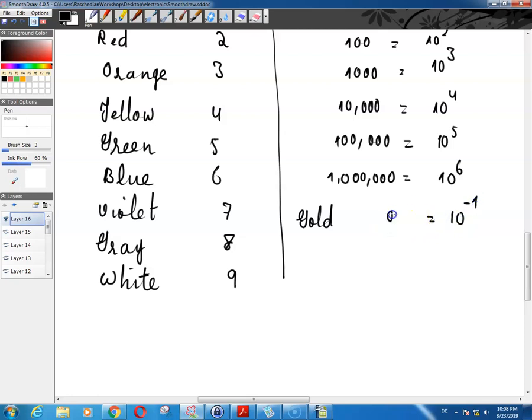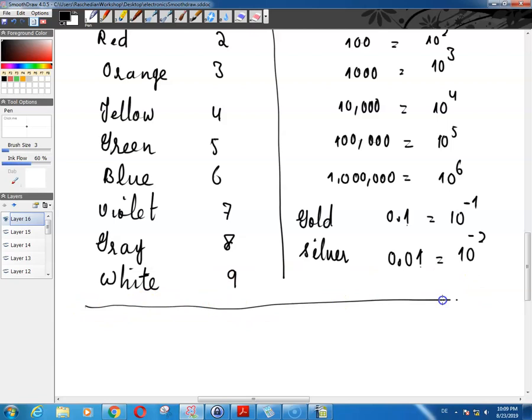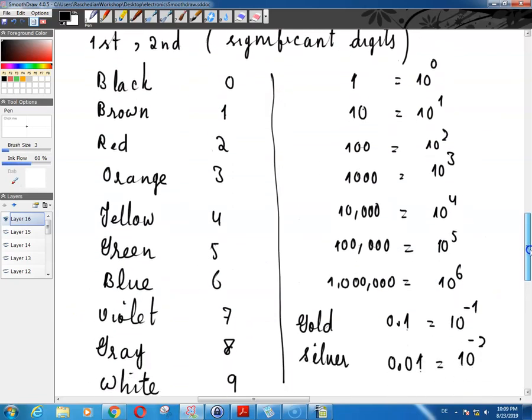And if you have silver, silver is 10 raised to the power negative 2, which is 0.01. So gold is times 0.1, or 10 raised to the power negative 1, and silver is 10 raised to the power negative 2.